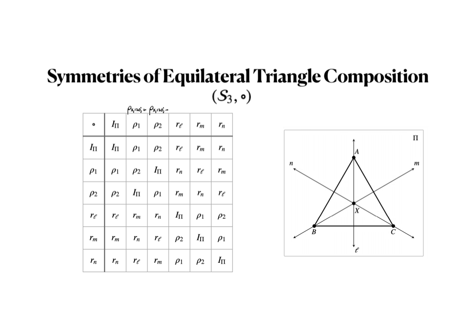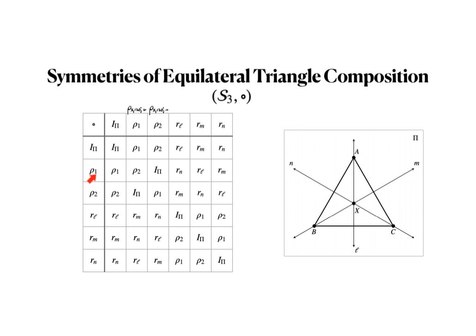Here you can see the operation table with composition, where I have the set of all my equilateral triangle symmetries composed together. If I compose the identity mapping with any of these, I just get back exactly what I started with. So the first row is repeated here, the first column is repeated here.